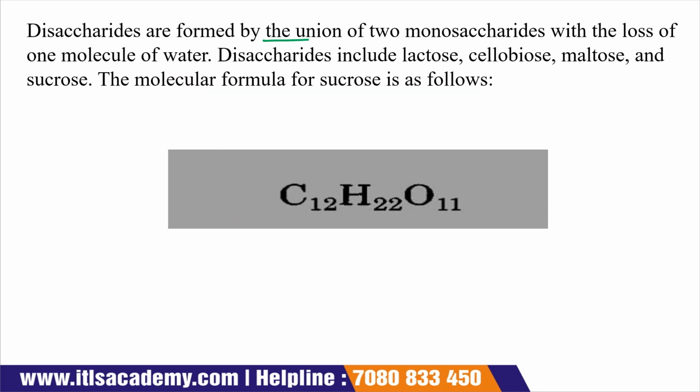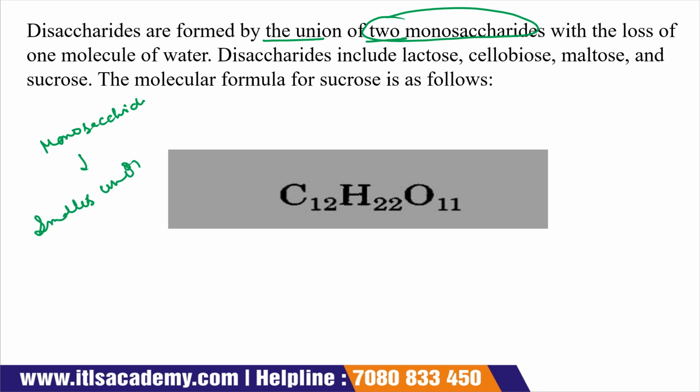Disaccharides are formed by the union of two monosaccharides. Okay, monosaccharides are considered as the smallest unit. And now when two monosaccharides are combined together, then they will form a disaccharide.